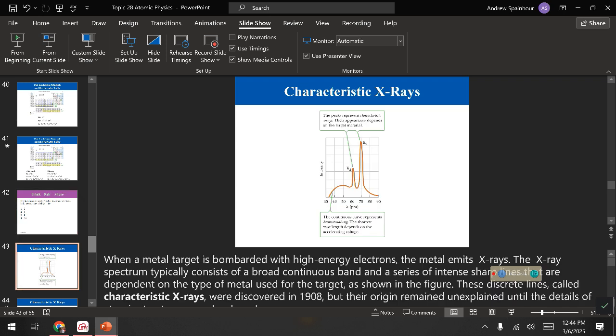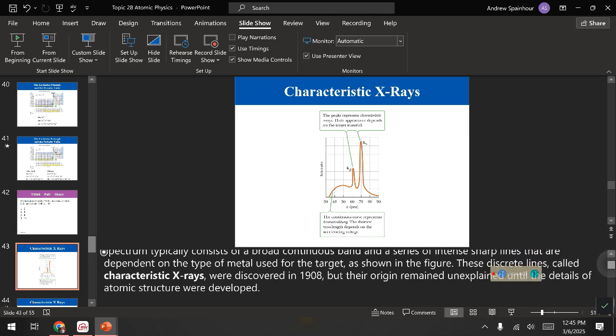Okay, you'll remember this from I think it was the last chapter, and I told you that we would talk about these characteristic X-rays specifically. When metal is bombarded by high-energy electrons, a metal will regularly emit X-rays. X-rays typically consist of a broad, continuous band and a series of intense lines that are characteristic of the type of metal used for its target, as shown in the figure above.